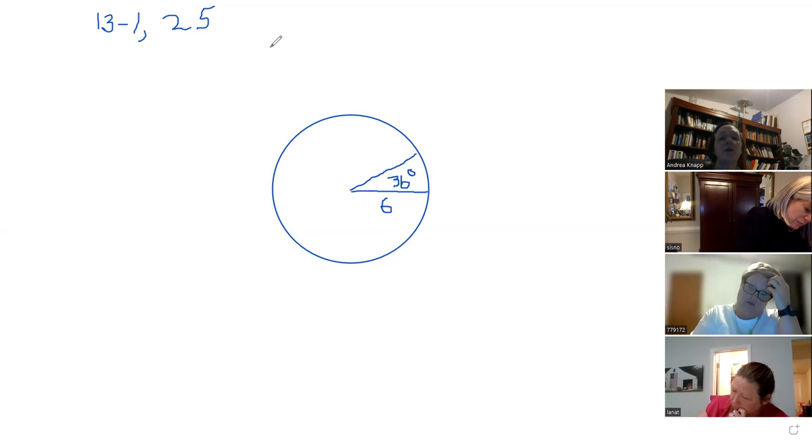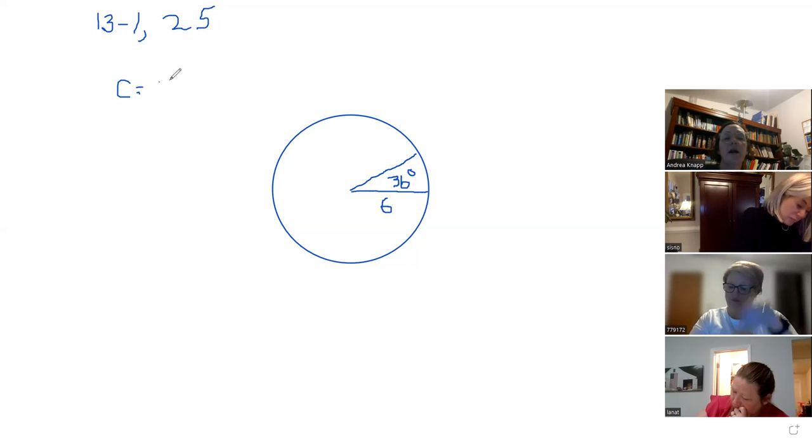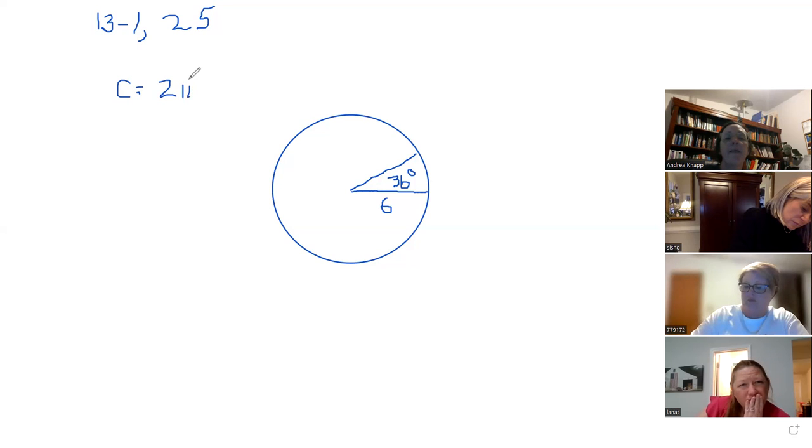So first of all, circumference is 2 times pi times radius. So we've got 2 times pi times 6. In other words, 12 pi. So if we were doing all 360 degrees, it would be 12 pi.